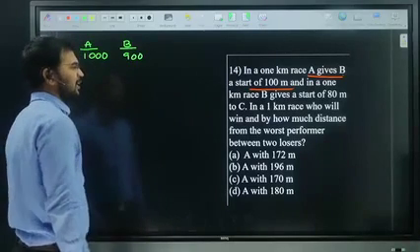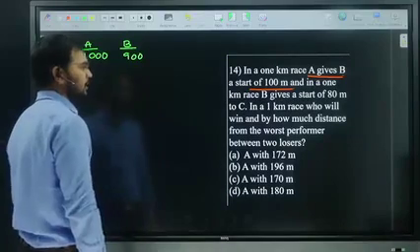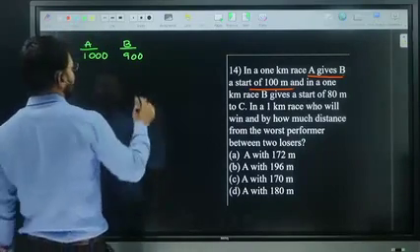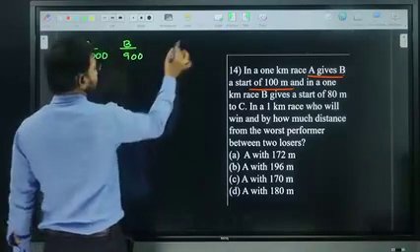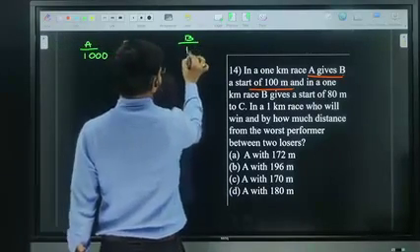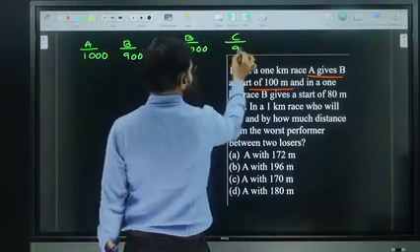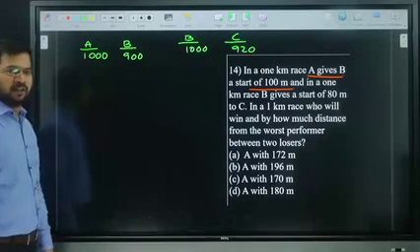And in a 1 kilometer race, B gives a start of 80 meters to C. That is nothing but, whenever B reaches 1000 meters, C reaches 920. This is one race, another race. An 80 meters startup is nothing but 920.